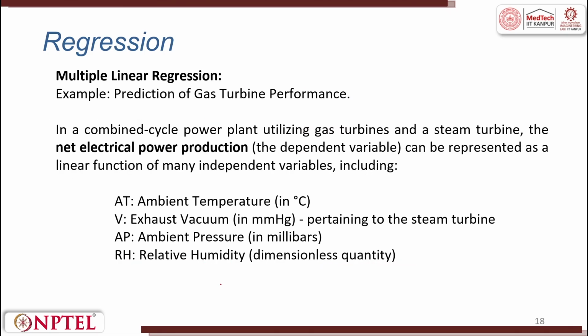Let me see an example. Multiple linear regression for prediction of gas turbine performance. The turbine would run and produce electricity. Production of electricity, that is power output, is dependent upon what variables?